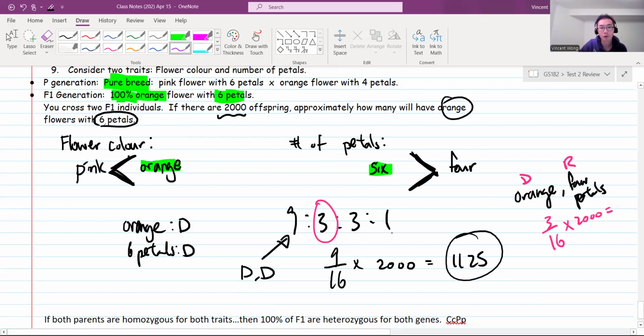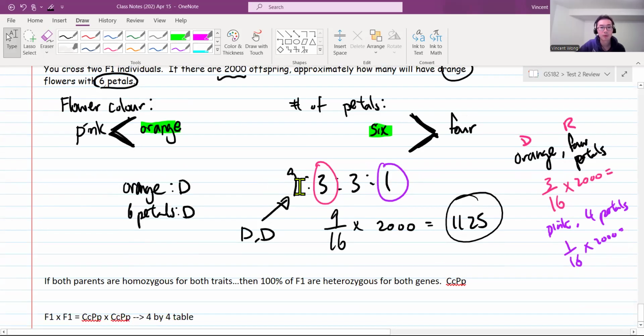If I'm looking for pink and 4 petals, then it will be 1 over 16 times 2,000. Is that a little bit better? Basically you have to know what the numbers represent, and then you choose the right number for your fractions, depending on which trait combination you're looking for.